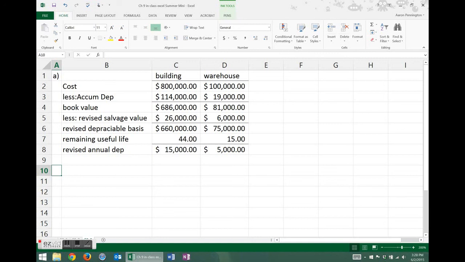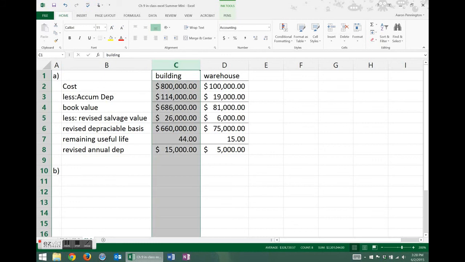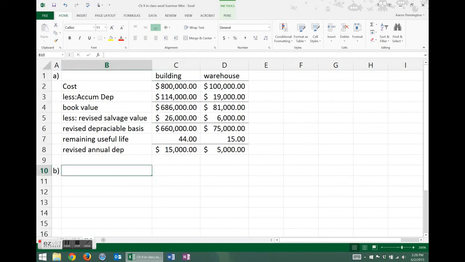Okay, part B. Part B just asks for the journal entry to record depreciation on the building. So it really only asks for just the building. So that entry would look like this.